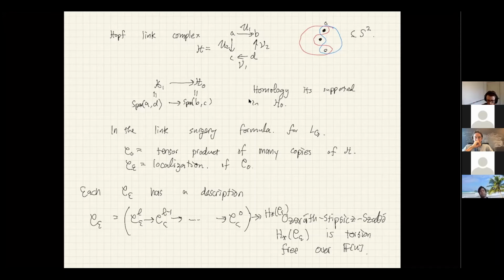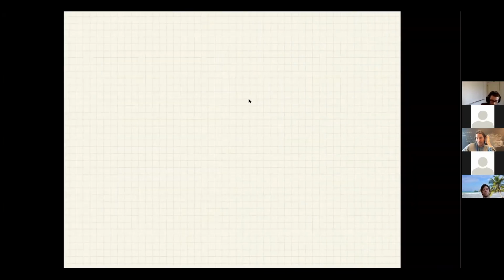Because the homology is supported at the lowest grading in this lowest filtration level of this complex. And so what Ozsváth, Stipsicz, and Szabó actually do is give a description of lattice homology.